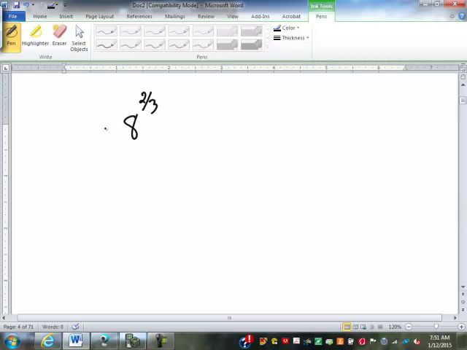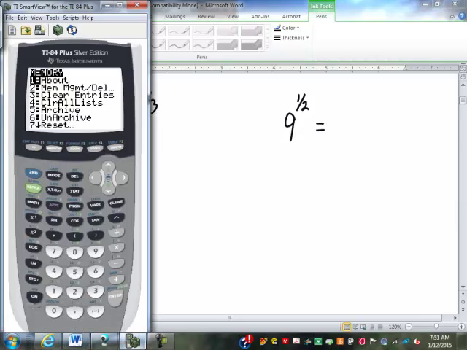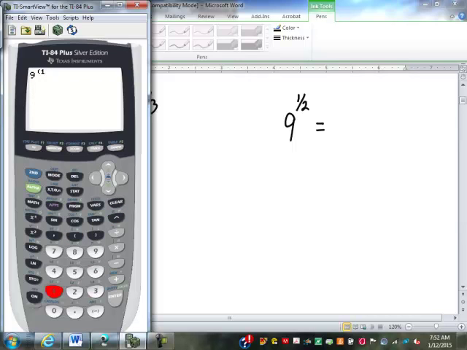You guys remember what the fractional power means? How about this? If you have your calculator with you, punch in that 9 to the power of 1/2 and tell me what you get. Three.